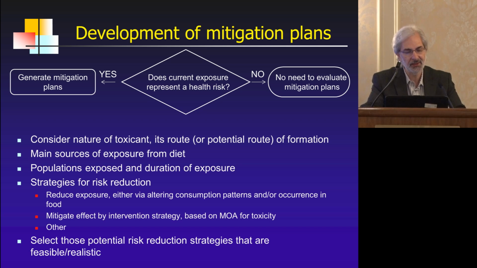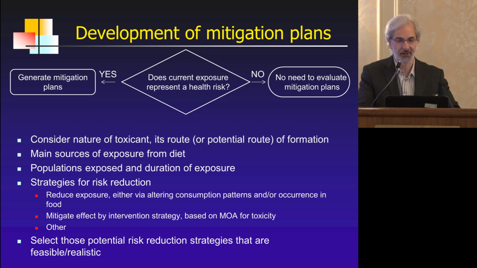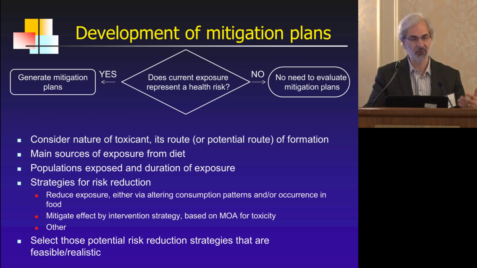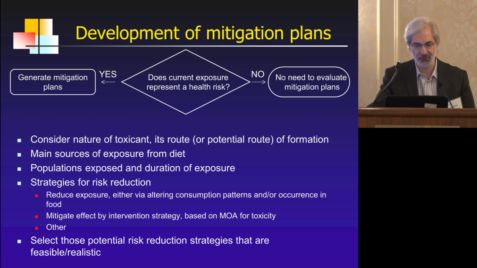So what do we mean? Well, it's not realistic to ask everybody to stop eating meat within the population. So that's not going to be a realistic mitigation strategy. You've got to think about, well, how might they treat the meat to reduce the process-formed compounds that there's concern about. And that, of course, was what was done with the heterocyclic aromatic amines a few years ago.